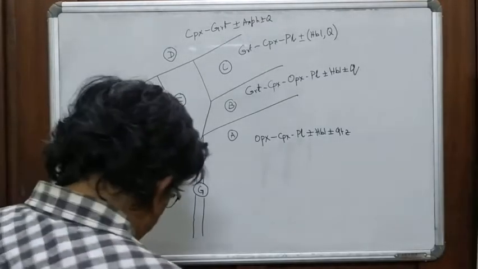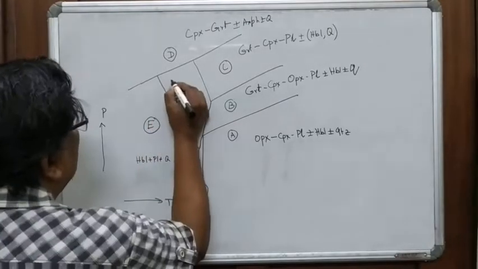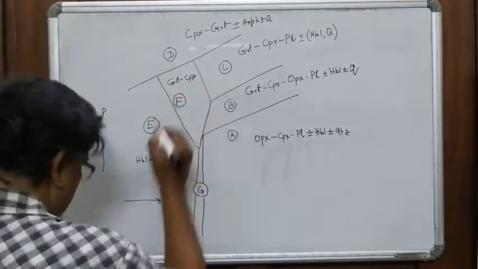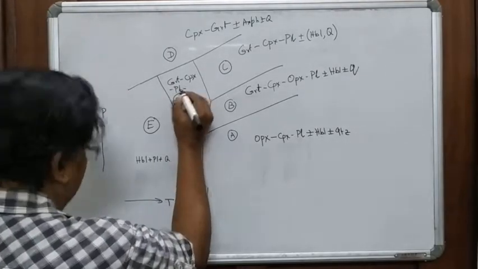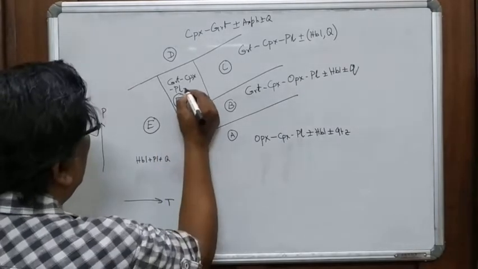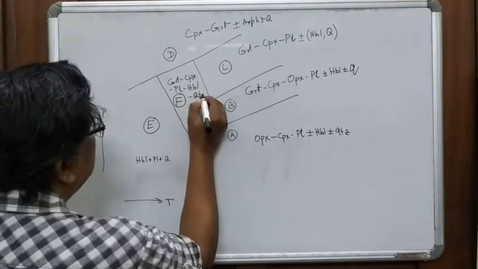And we are left with this one, which is garnet, clinopyroxene, plagioclase, hornblende, and quartz.